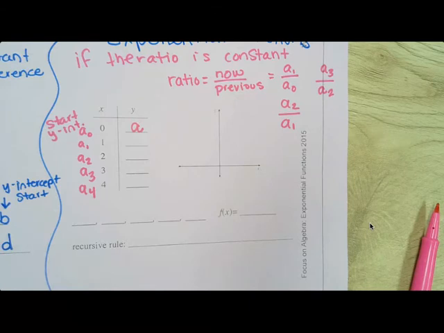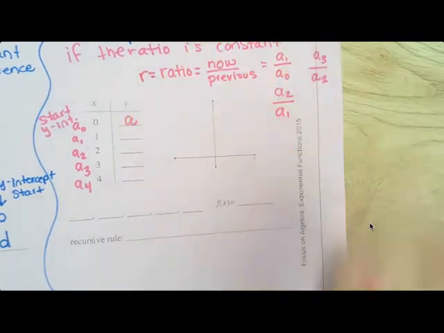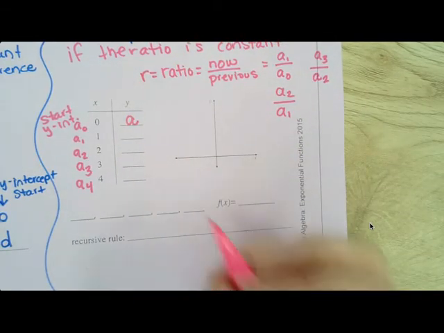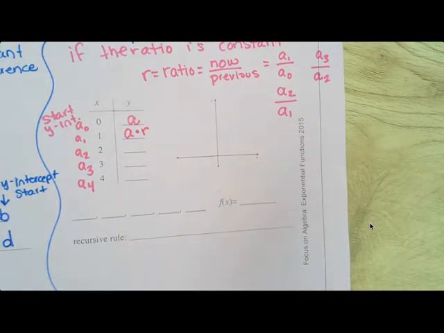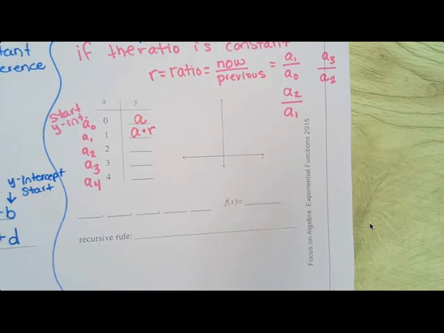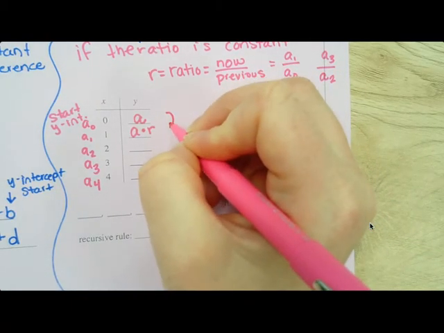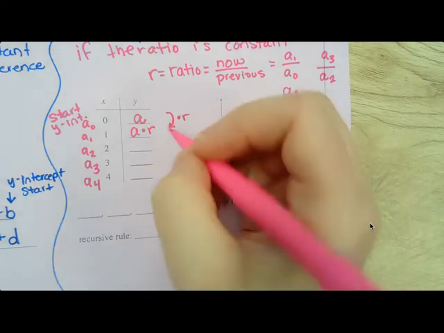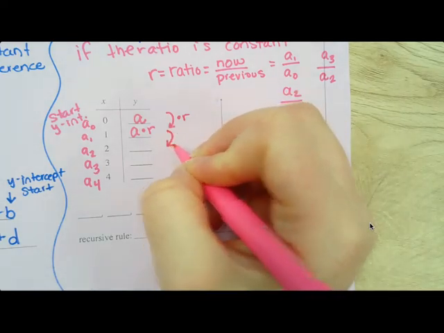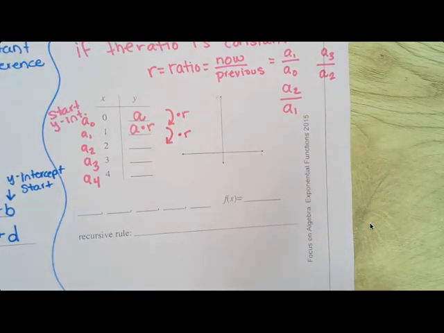So let's use R, and let's say that the ratio is R. So this will be A times the ratio or the rate. So here we are multiplying by R for exponential. To go from one to another, you're multiplying by R.